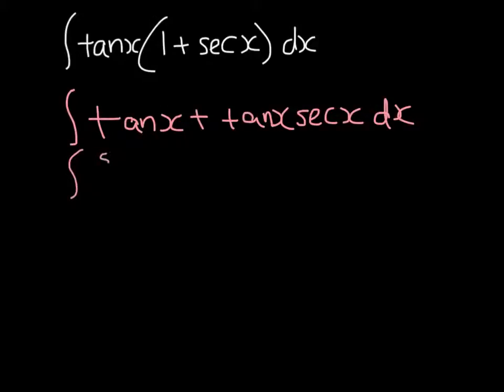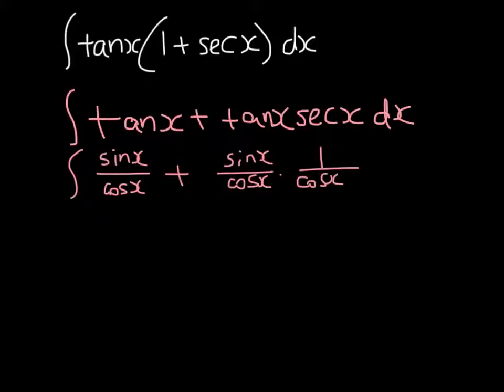So that gives us sine x over cosine x plus sine x over cosine x times 1 over cosine x dx. At this point, we can use u substitution and let u equal cosine x.